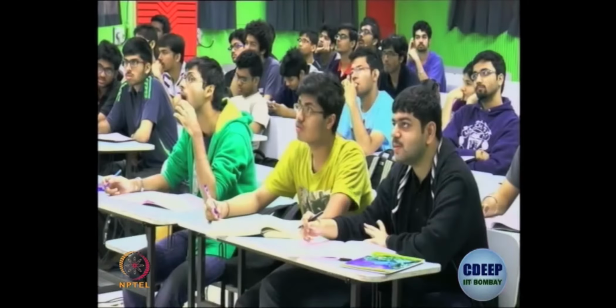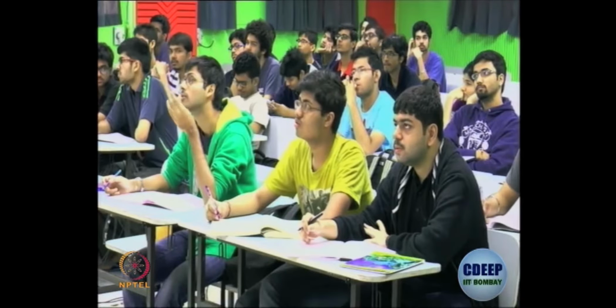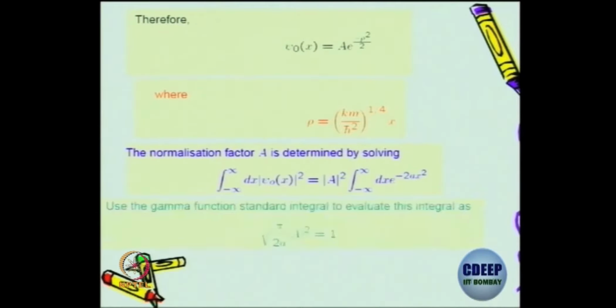What is this integral going to give you? Square root of pi divided by 2 square root of 2a, right? Everybody knows the gamma function. Can I assume? Okay. So with that gamma function, you can fix the normalization condition, what mod of a squared is. Is that okay?